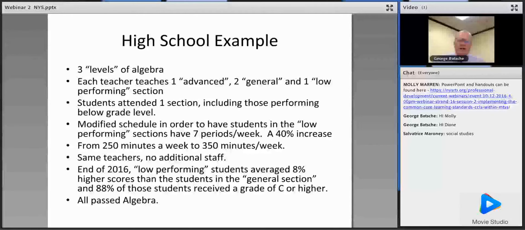So what was the main strategy in this scenario? One of the most powerful instructional strategies for students who are struggling that don't have significant disabilities, and even with these students it helps, is pre-teach, review, and reteach. So in those 7 periods, the period prior to the next one was a pre-teaching period.